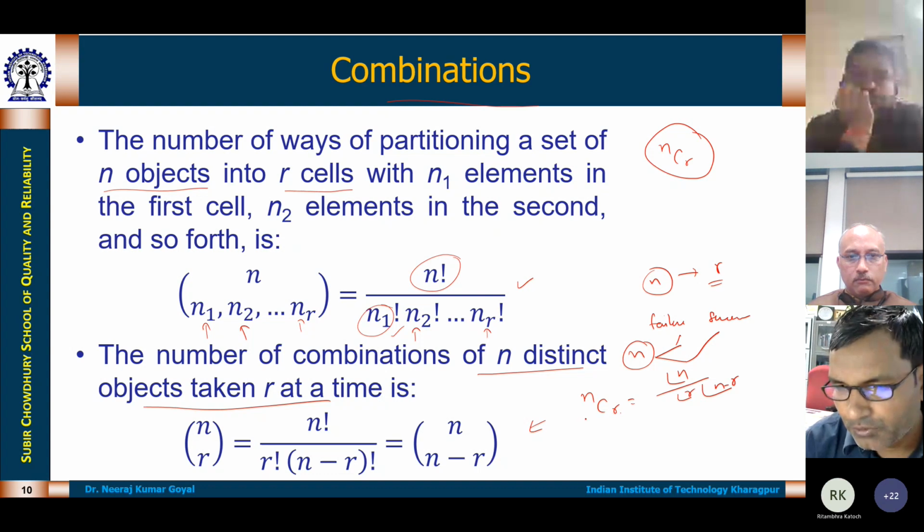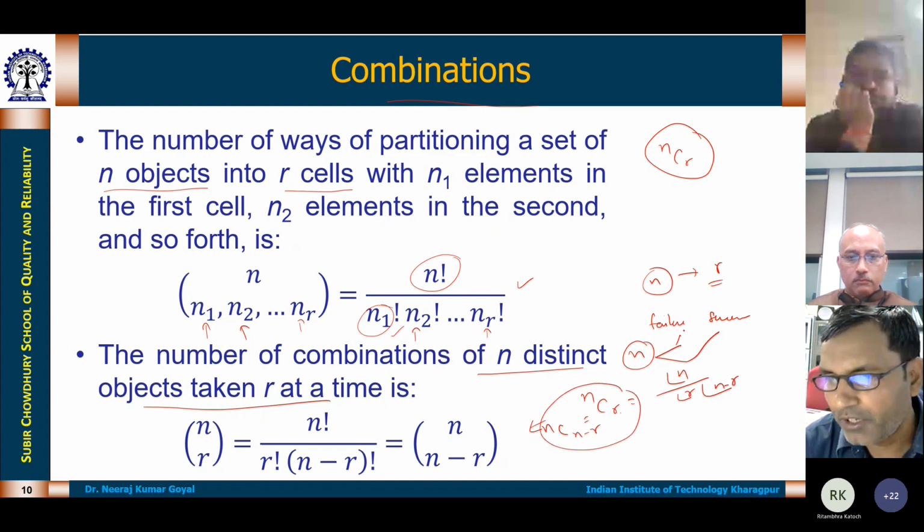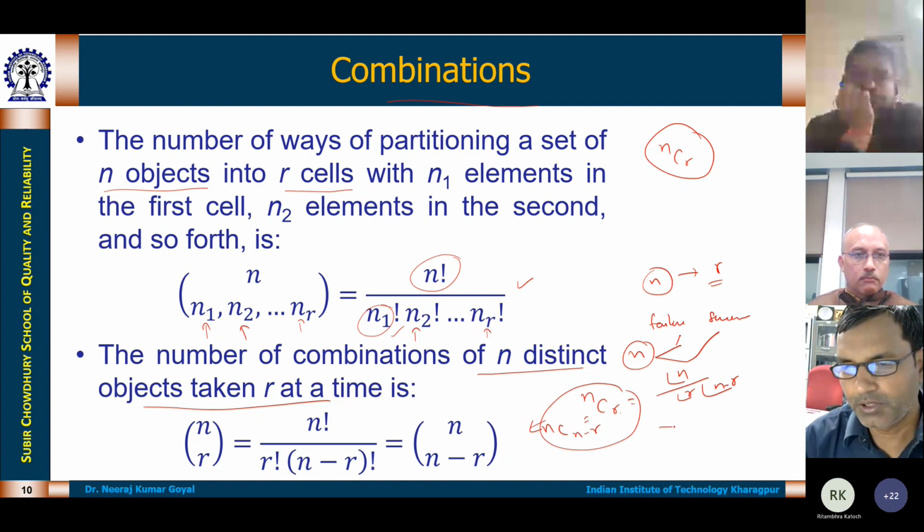If I exchange r with n minus r, that is going to be the same. Whether I say r failed or n minus r successful, both give me the same answer. So this is used in the binomial distribution, which we will see.